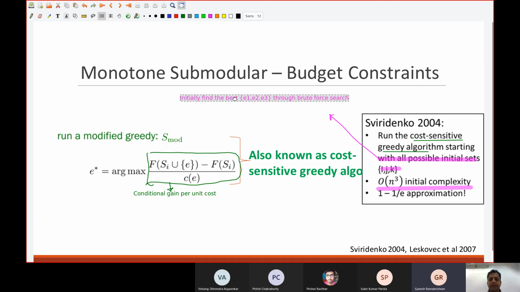If you did this and then resorted to a modified greedy, you get a 1 minus 1 over e approximation again. Okay. This is when you have budget constraint.